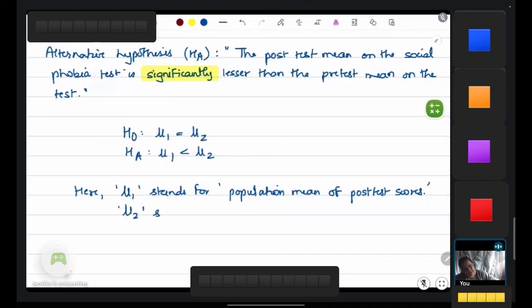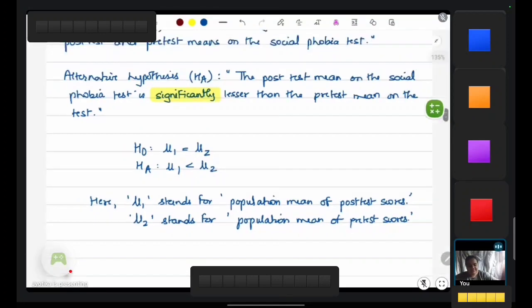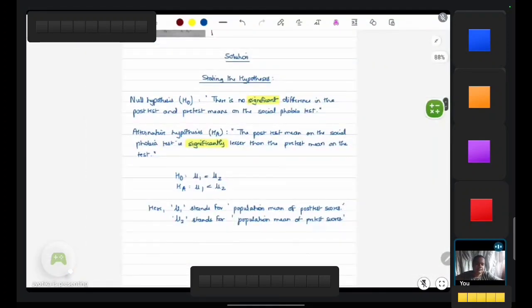Mu2 stands for population mean of pre-test scores. Okay, so this is step 1 completed. Anyone has any questions?